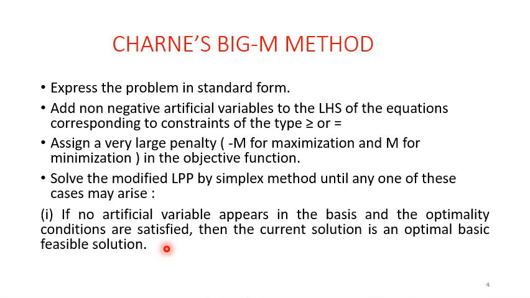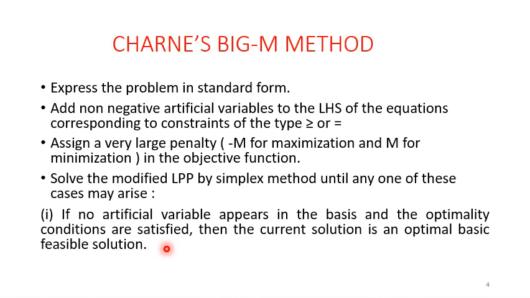Similarly, for a minimization problem, whenever all Cj minus Zj values are greater than or equal to 0, then we say optimality is reached. So this rule always remains the same.